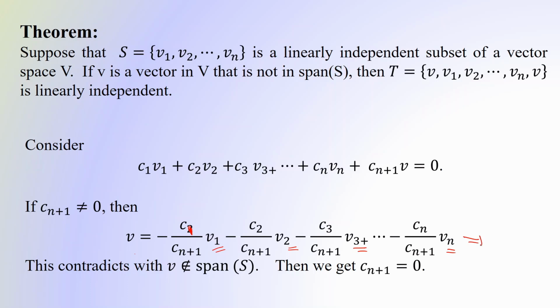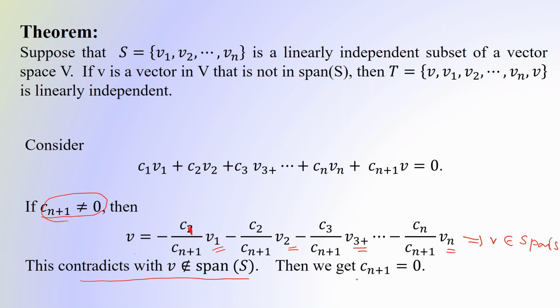So this implies v belongs to span S, because v can be written in terms of v1, v2, ..., vn. But this contradicts the fact that v does not belong to span S. So our assumption, c_{n+1} not equal to 0, is wrong.